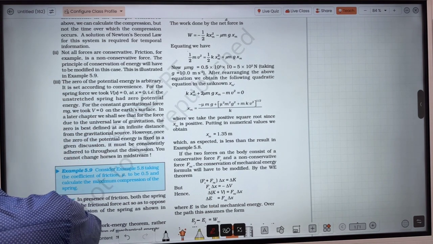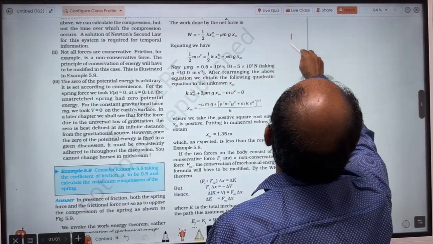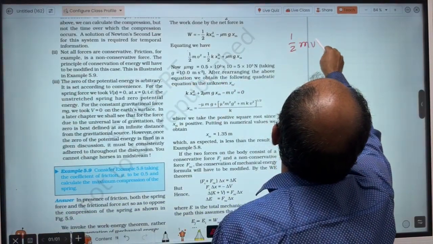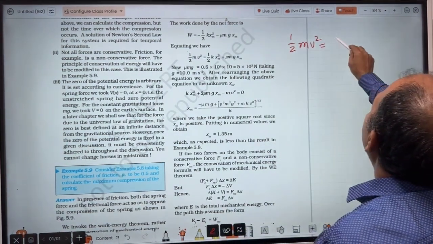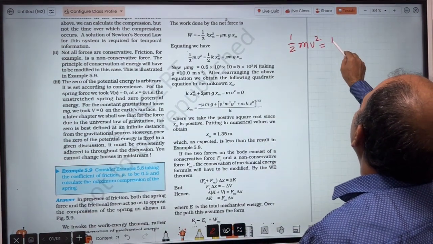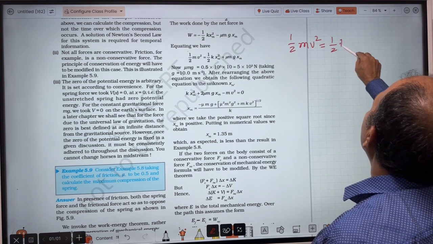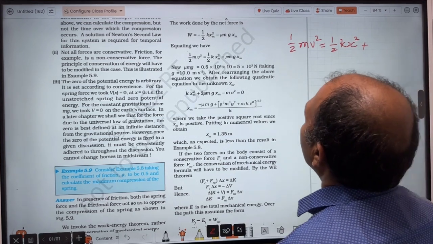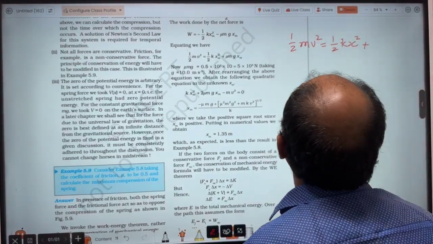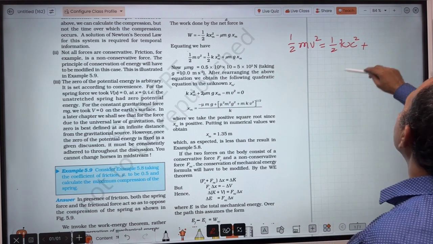So let's see what we are getting in this case. Total kinetic energy, as we have calculated in the previous case, so 1 by 2 mv square must be equal to work done or potential energy of the spring, that is half kx square, and also work done by the frictional force. And what is the frictional force?